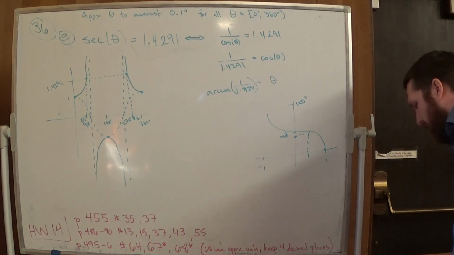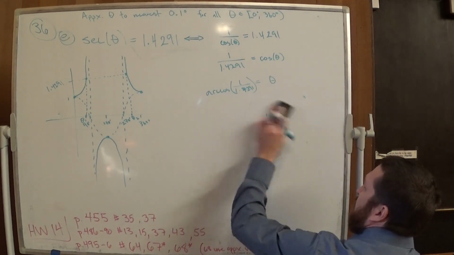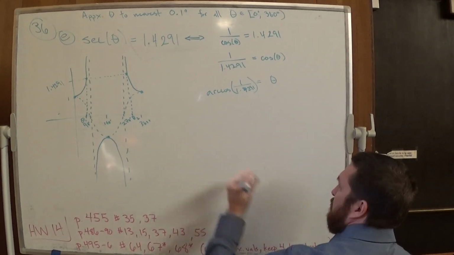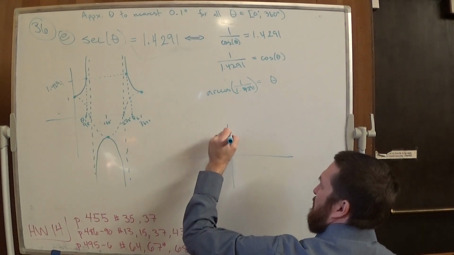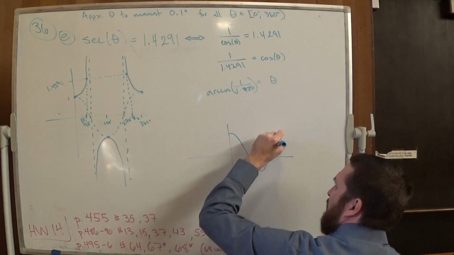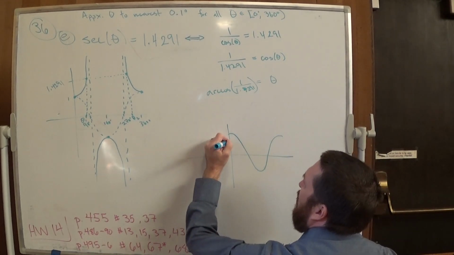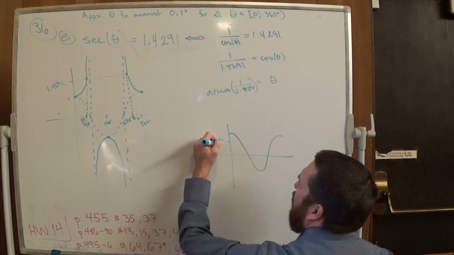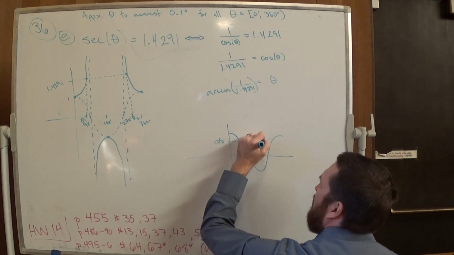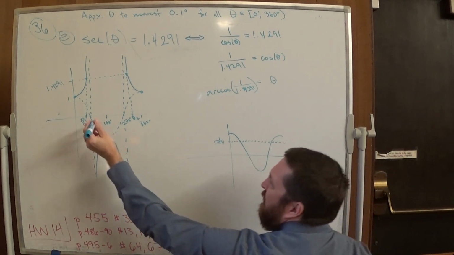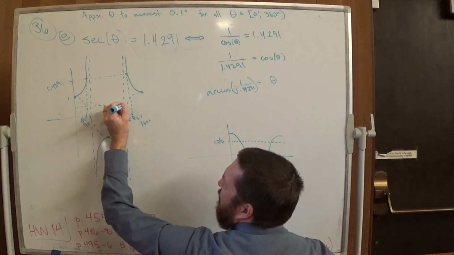Another way we could think about this, and the way I prefer to do it, is to say, well, hold up now. Wait a second, what did we just do? We just had this, and we've just turned it into this question. And the thing is, 1 over 1.4291 does something like this. The thing to notice is that these are the same places, right here and right there.